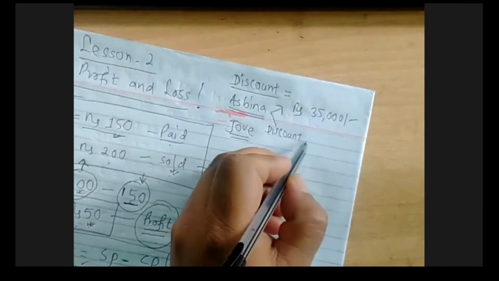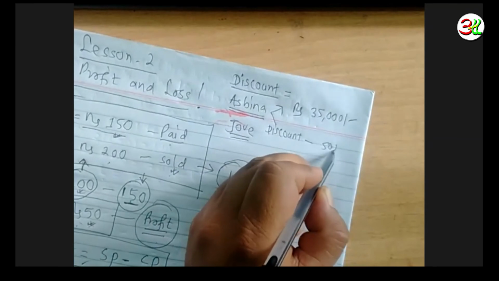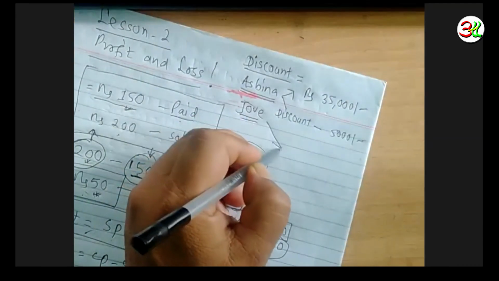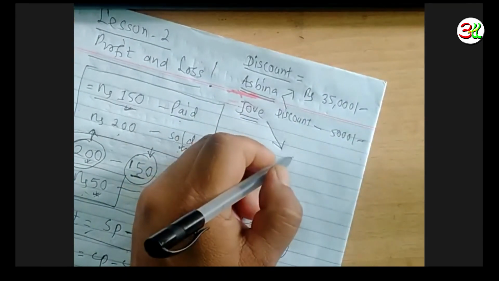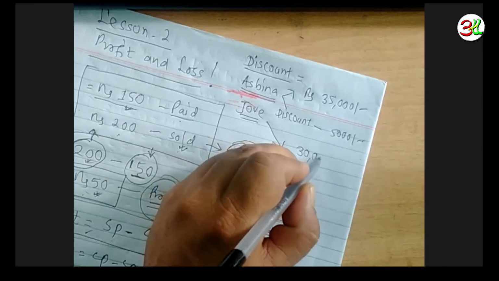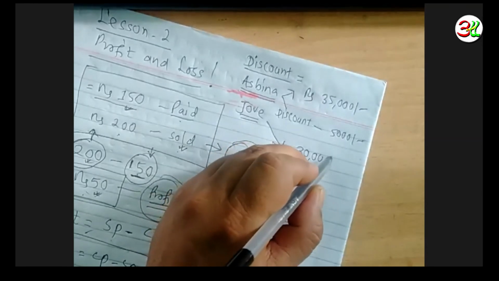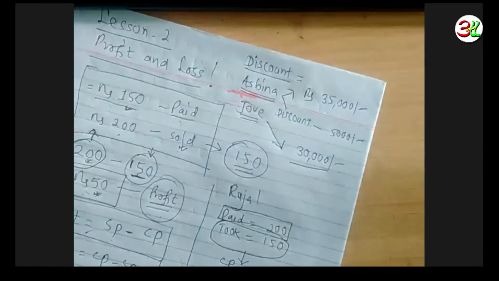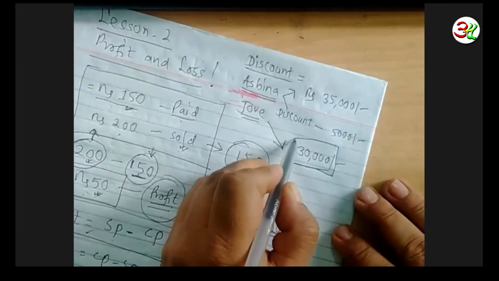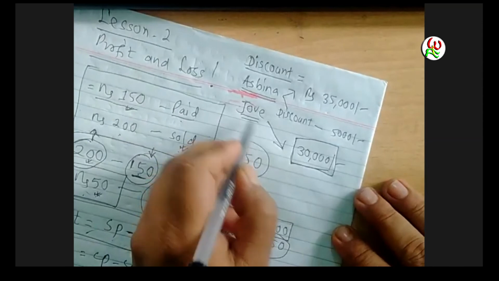Asmina gave 5,000 discount. What is the amount paid by Job? 30,000. Job paid 30,000, which is the cost price for Job.